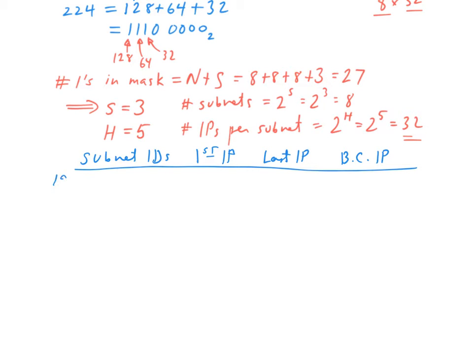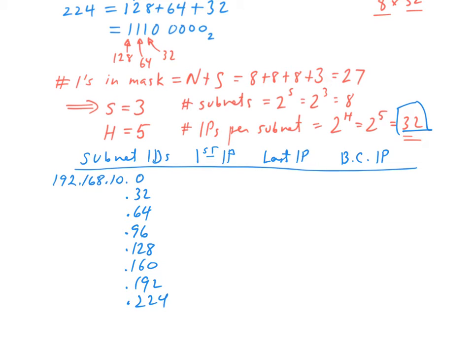We're going to start at 192.168.10.0, and because there are 32 per subnet, we're simply going to count by 32s: 32, 64, 96, 128, 160, 192, 224, and 224 plus 32 is 256, so that's it.